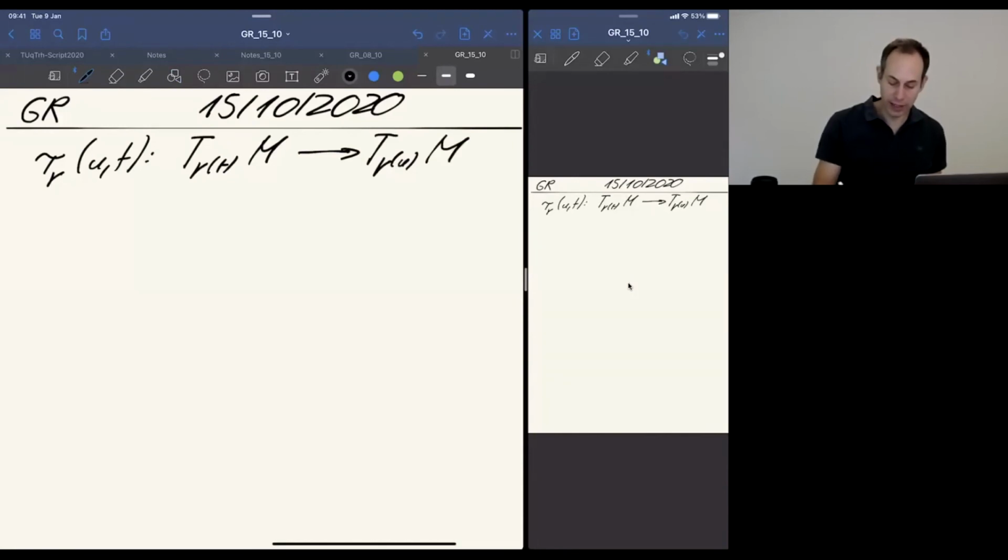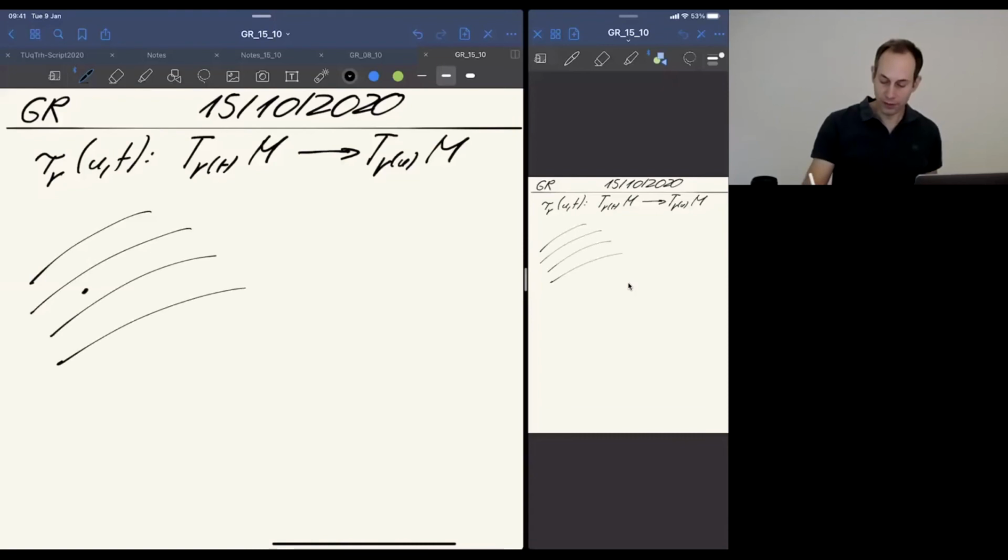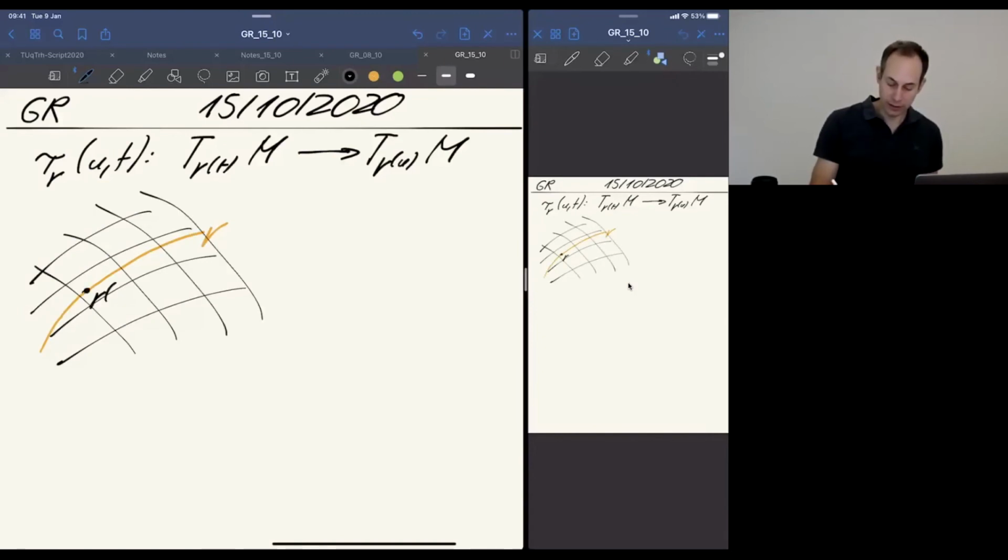I'm not sure I had this type of picture that I usually draw, so let me draw one. We have a point here and a curve gamma through the manifold, and so the point gamma t could be here and the point gamma u here. And we are now really relating points in different tangent spaces.